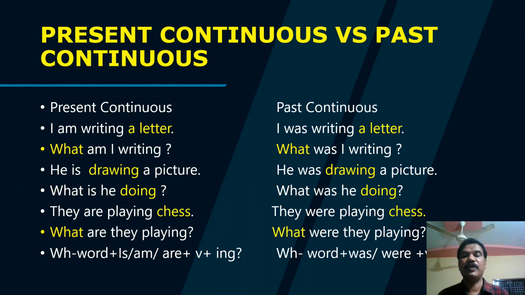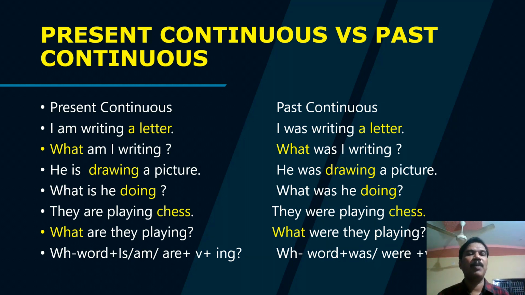Present continuous and past continuous tense in questioning. To understand why we are using am, is, or was, were. Most of the time students get confused in using these words. They don't know why they are using am, is, or was, were. Now you could understand. See that. I am writing a letter.